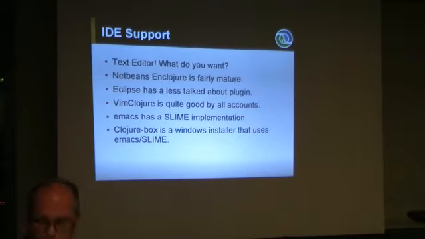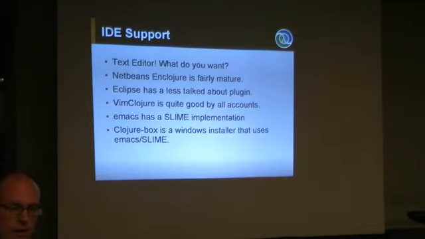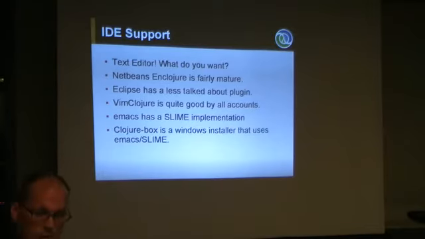You download it and double click it, and it will install Emacs on your machine and set it up for you with the whole SLIME implementation, and give you a little icon on your desktop, so you can just double click and get right into a Clojure REPL. I tried that on a virtual machine on this box. I'm running Linux here, but the Windows thing installed very quickly, and I was up and running in minutes. So if you're on Windows, you should check that out.